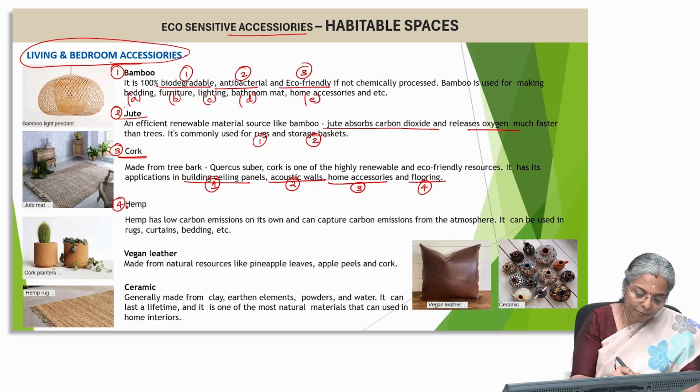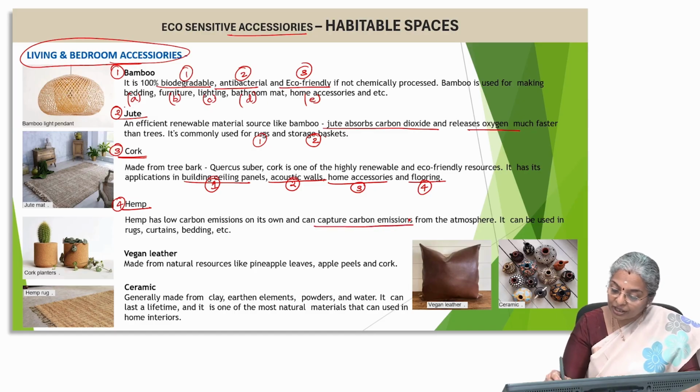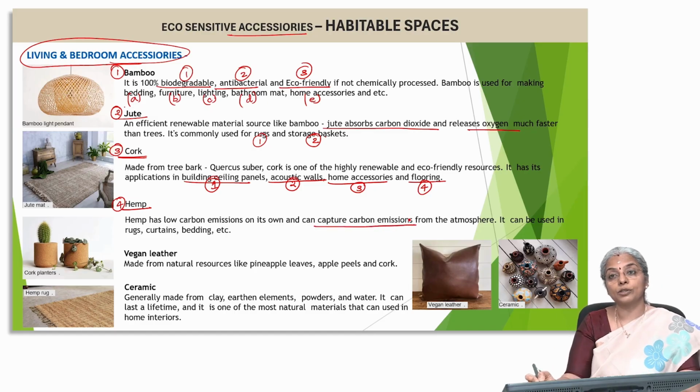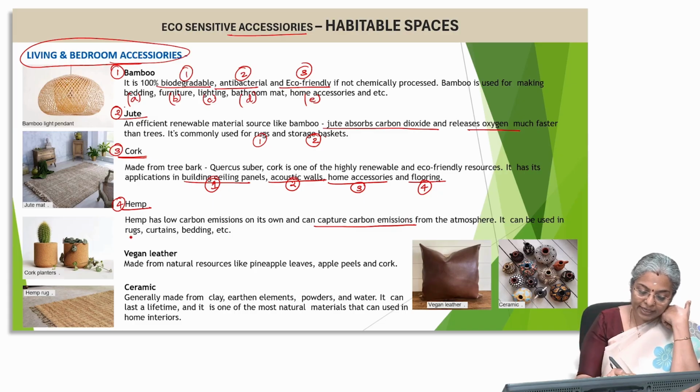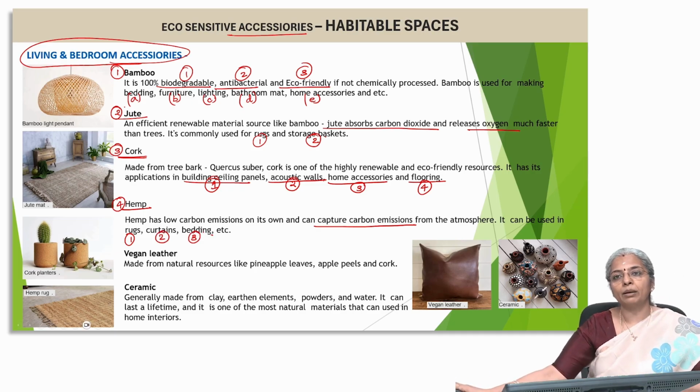Fourth is hemp. Now, hemp has low carbon emissions on its own and it can capture carbon emissions from the atmosphere. So, actually it can help in being a very carbon neutral interior. It can be used in rugs, curtains, bedding, etc. Then there are certain upcoming building materials such as vegan leather.